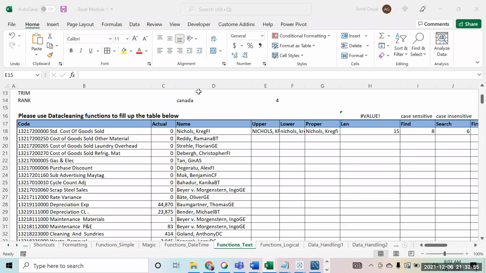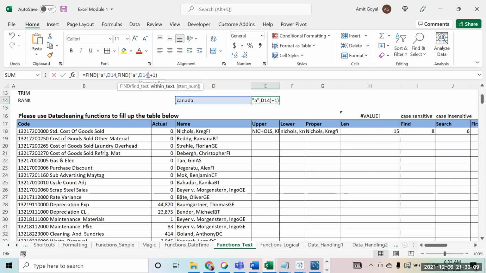So then if we want to know the third A, so we need to do +2? No. So if you want to find the third A, you will have to use one more find formula inside this find formula.